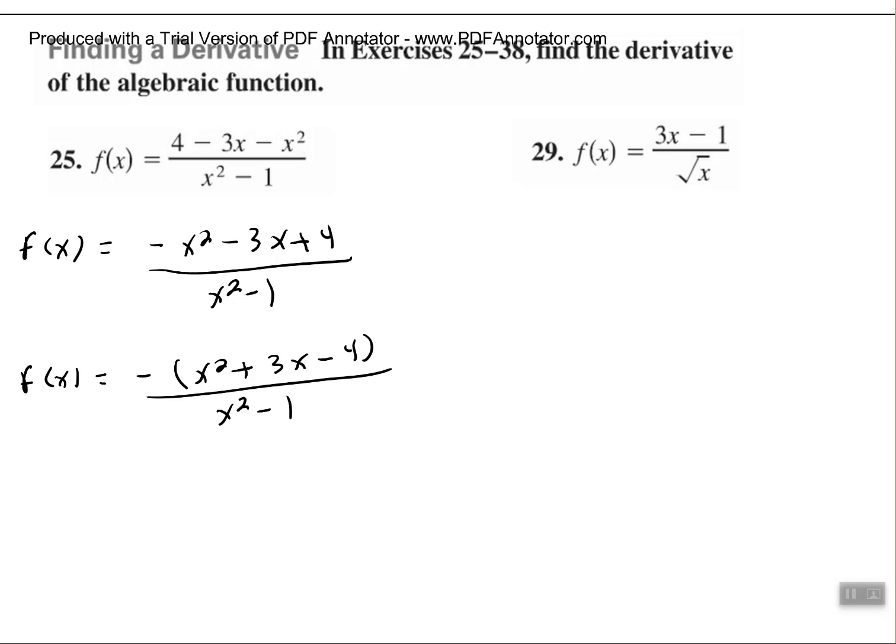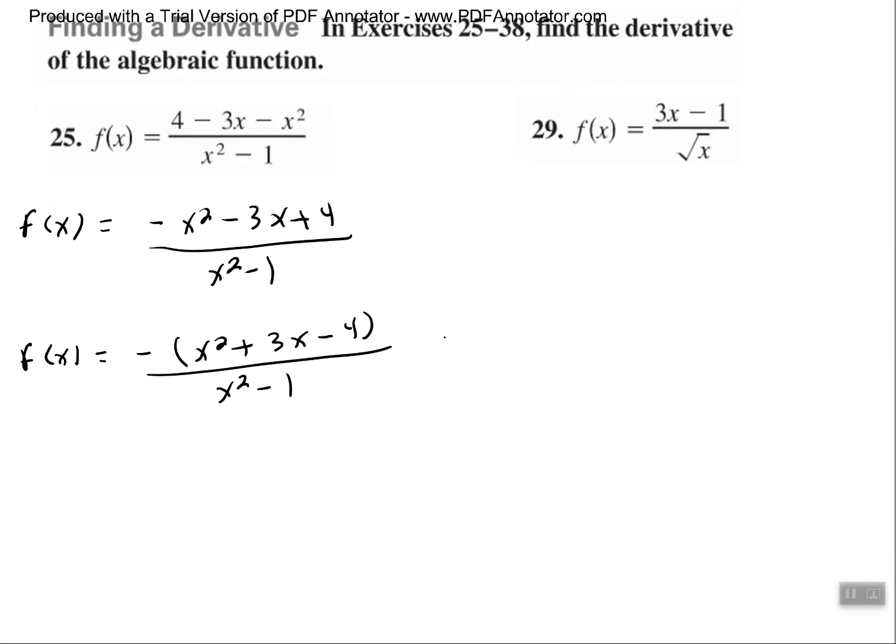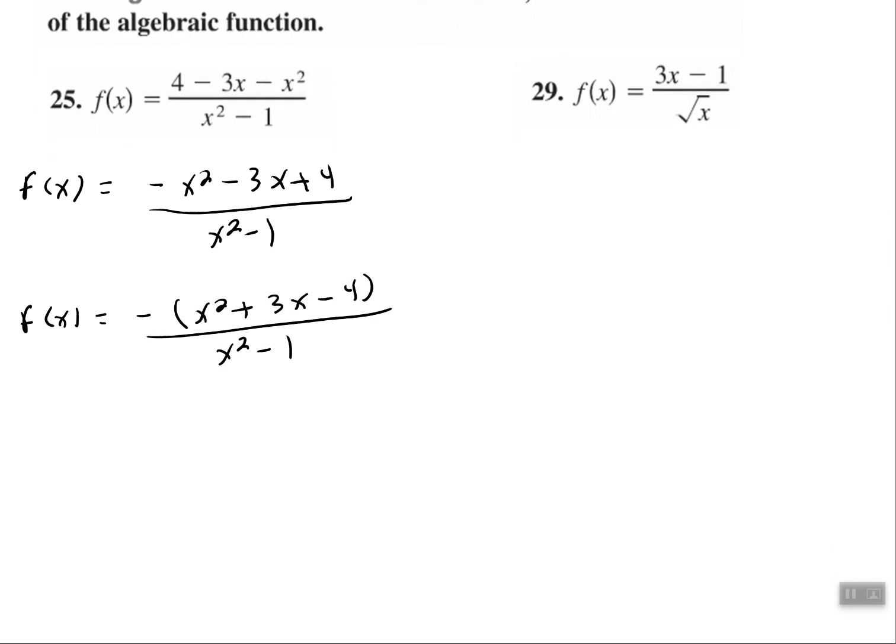And then let's see if we can factor the numerator and denominator. So factors of -4 that equals 3 would be +4 and -1. And then in our denominator we have the difference of two perfect squares.